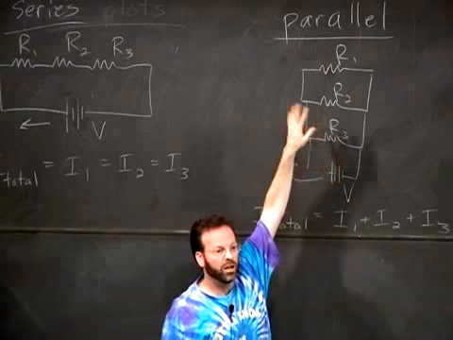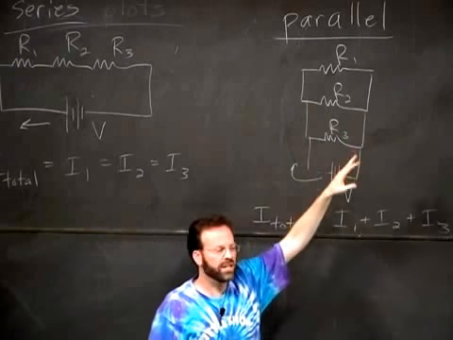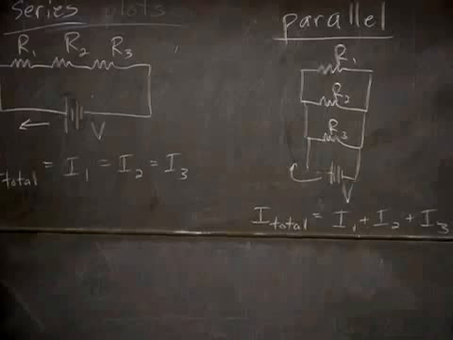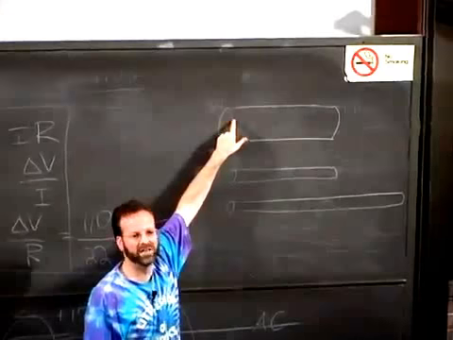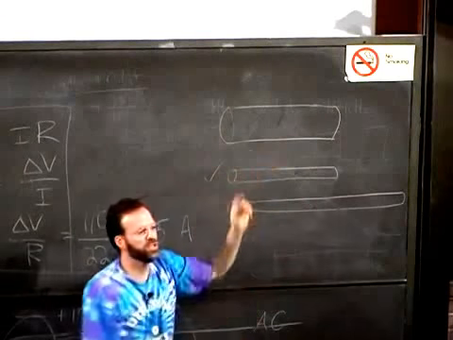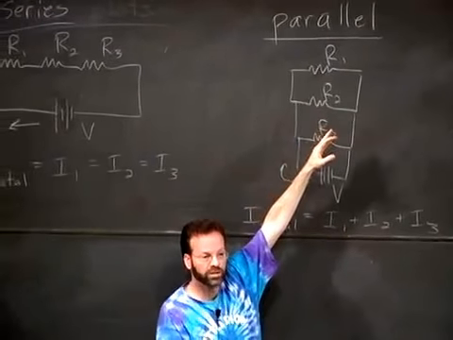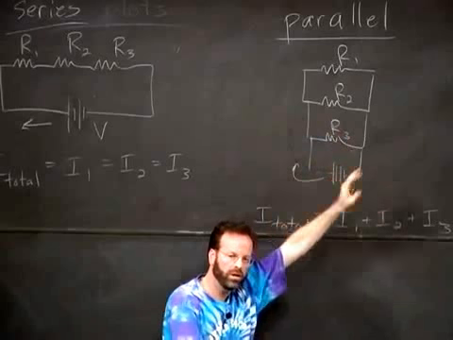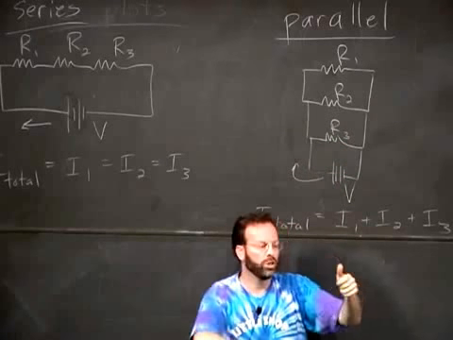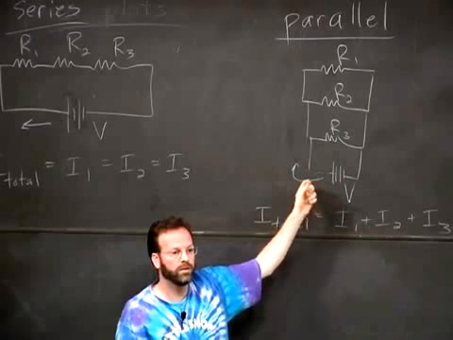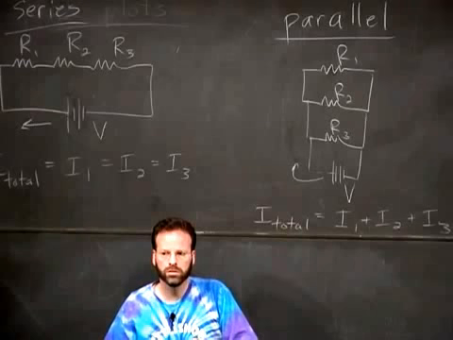Add more in parallel, hey, it's like making it wider. There's more paths to get across. So the total resistance drops. When you hook things up in parallel, the total resistance decreases. And if the resistance goes down, the current goes up. And you draw more from your power supply. Does that make sense?